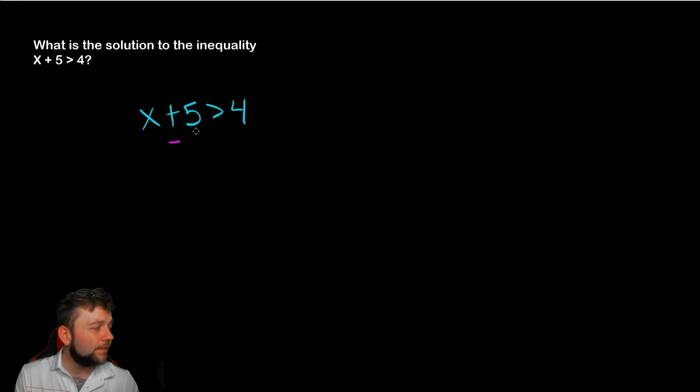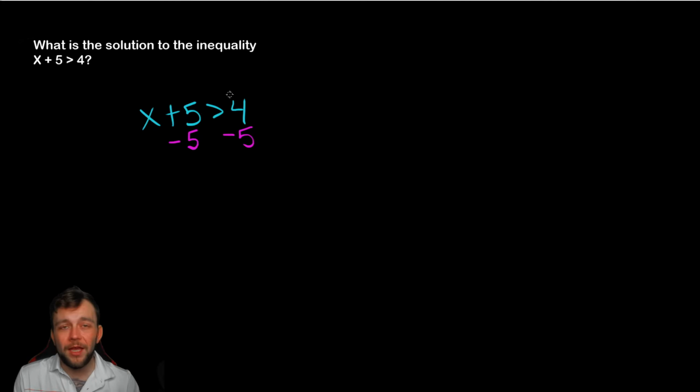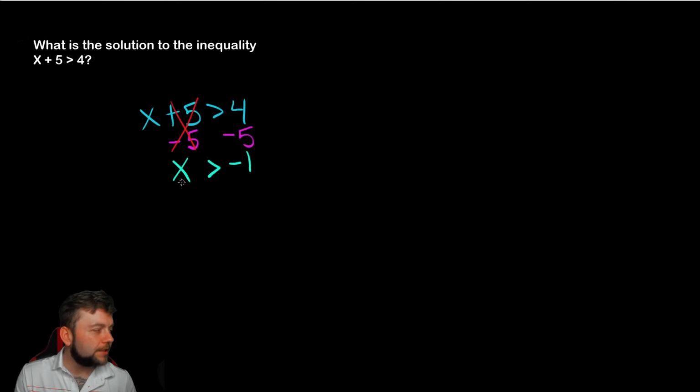Inverse operation of plus 5 is a minus 5, and we must do that to both sides. And what happens when you have a plus 5 and a minus 5? It falls off into a 0. What is 4 minus 5? That gives us a negative 1. Negative 1 on the right side, and x. So x is greater than negative 1.